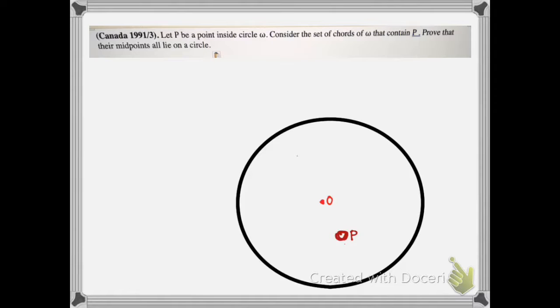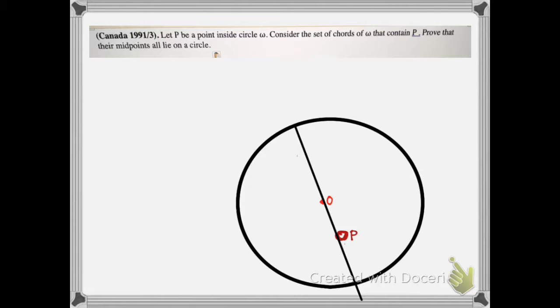Well, say O was going to be the midpoint of some chord which passes through P. Well, there's a unique chord which passes through O and P. There's a unique line which passes through any 2 points. And we know O is the midpoint of this because it's the diameter of the circle, because there's a chord that passes through the center, right?